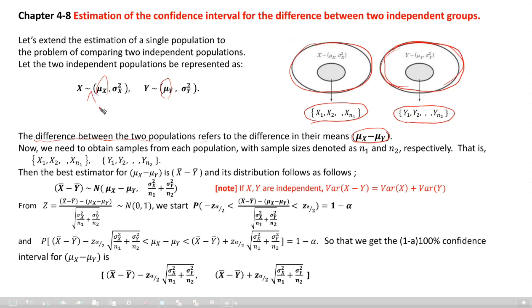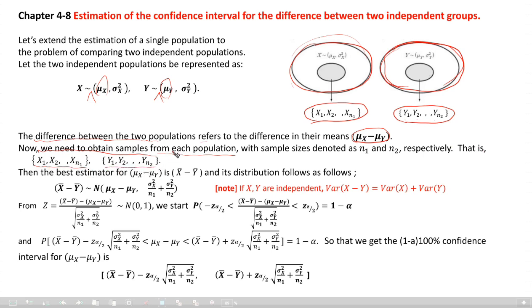I didn't note any distribution, say normal distribution, so we don't have to worry about the distribution of population 1 and population 2. We need to obtain samples from each population with sample sizes denoted as n1 and n2 respectively. That is x1 to x n1, y1 to y n2.